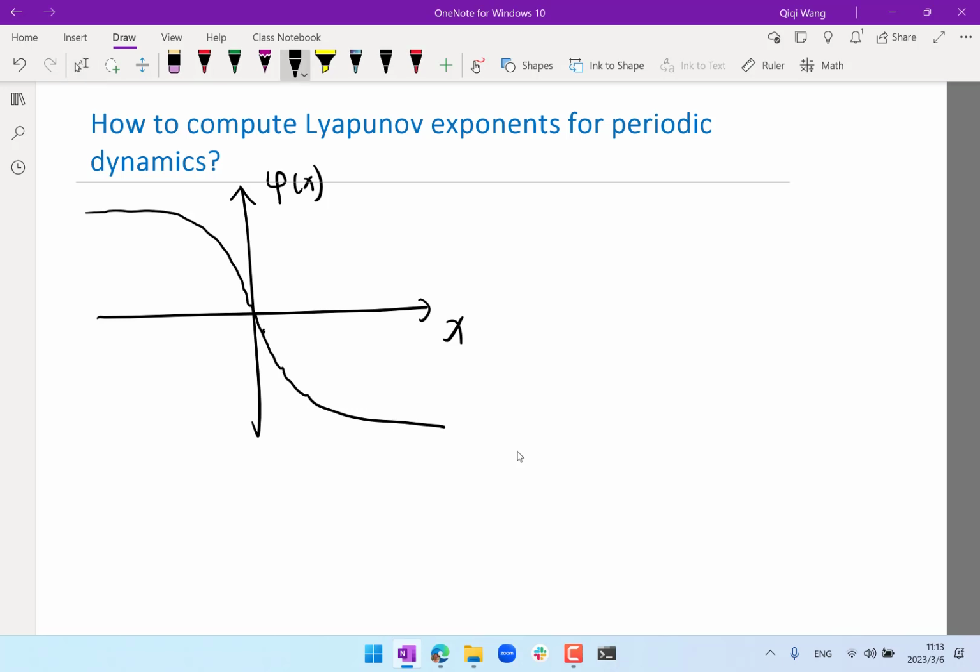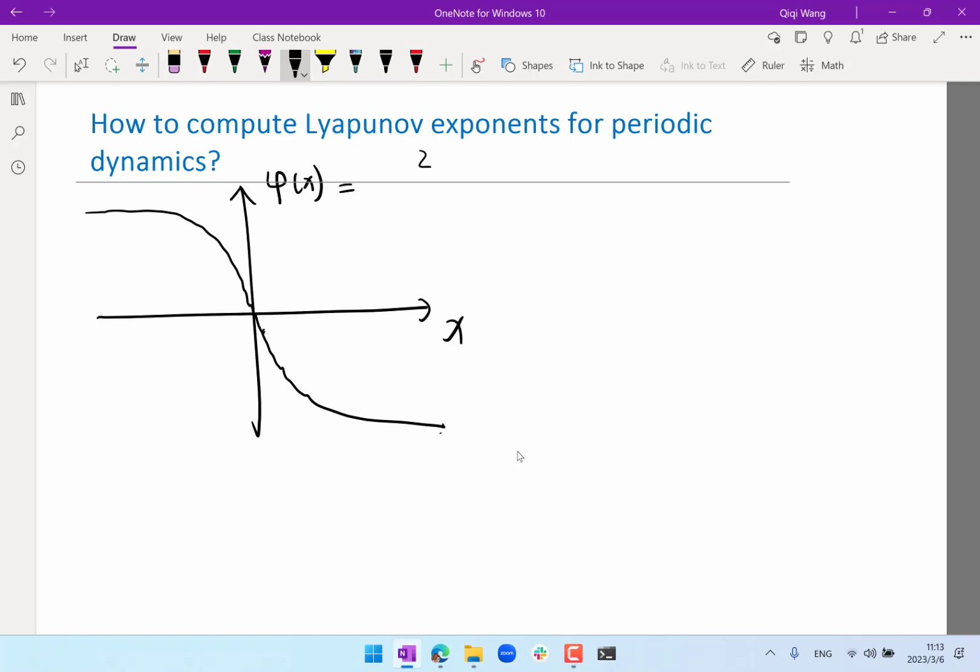If you are near the origin, phi of x has the opposite sign of x, and with a larger magnitude. If you start away from the origin, phi of x still has the opposite sign, but a smaller value. All right, so let's mathematically construct such a map.